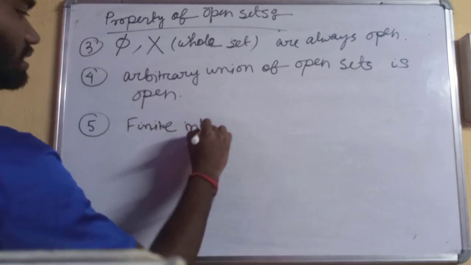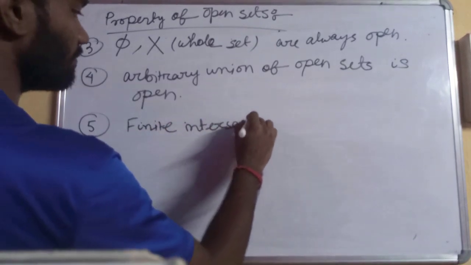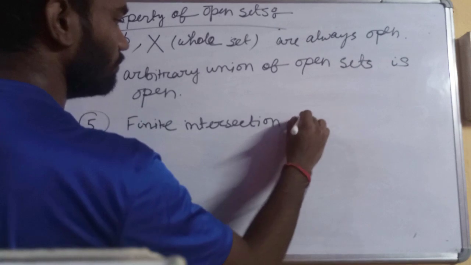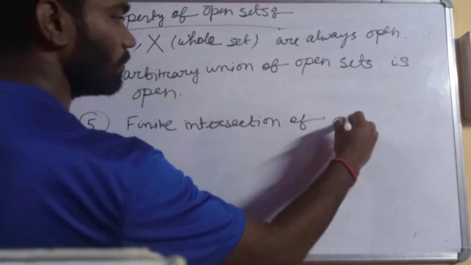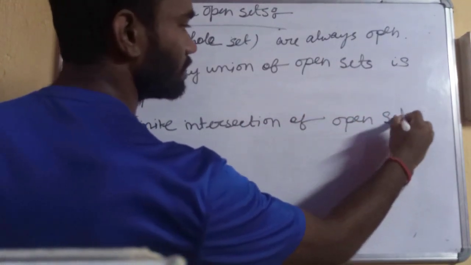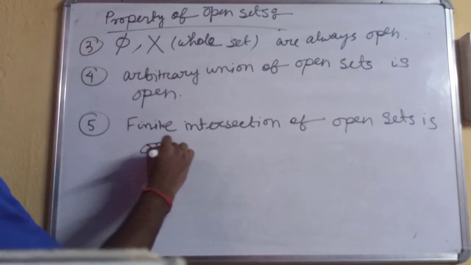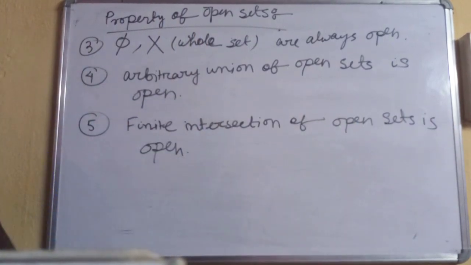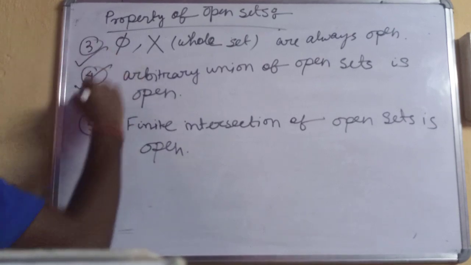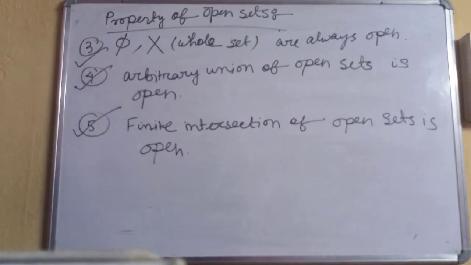Finite intersection of open sets is again open. These three are very important.